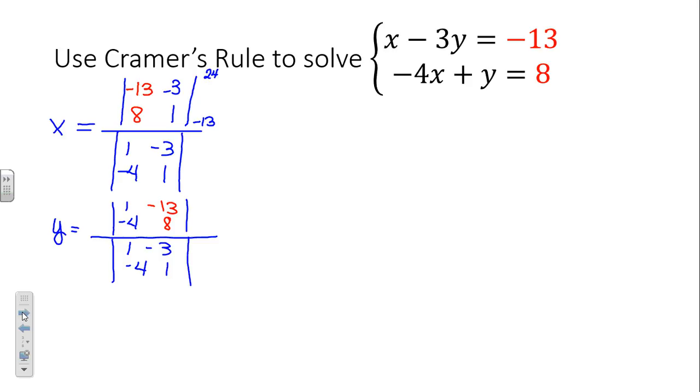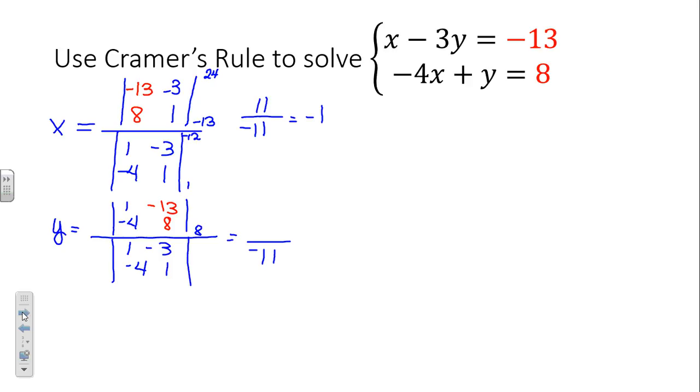24 minus 13 gets us 11. And we know this will be a negative 11 again, right? There's no need to evaluate it. It's the same determinant on the bottom, the denominator.